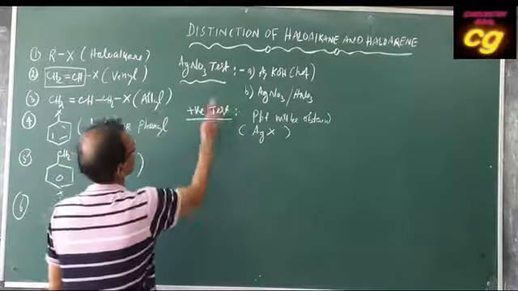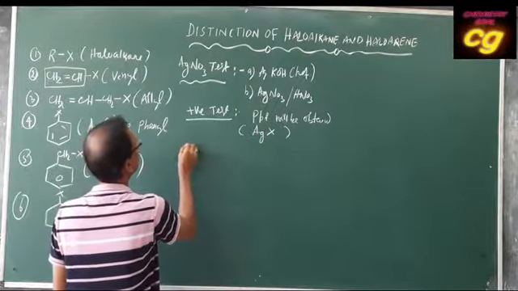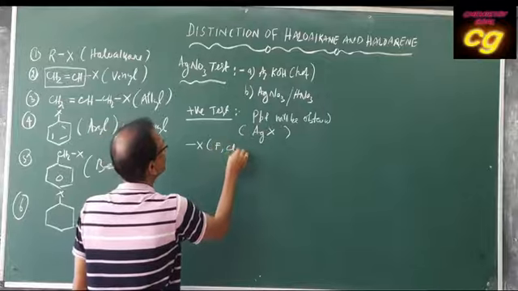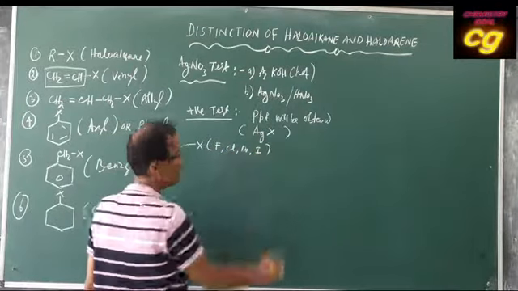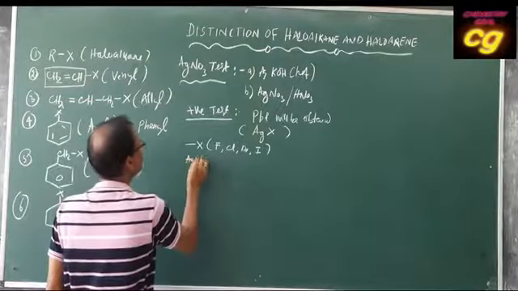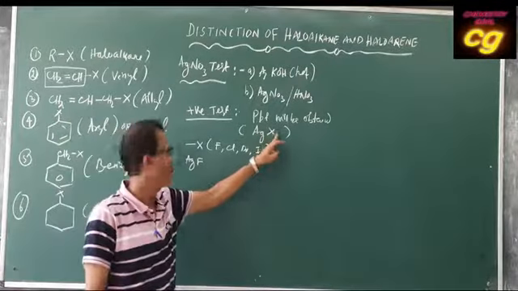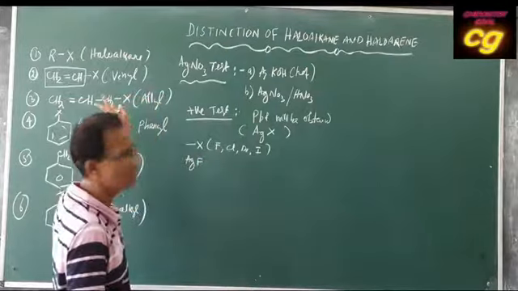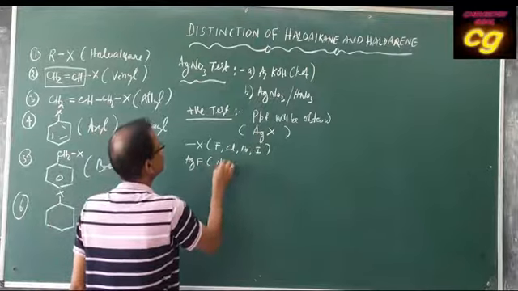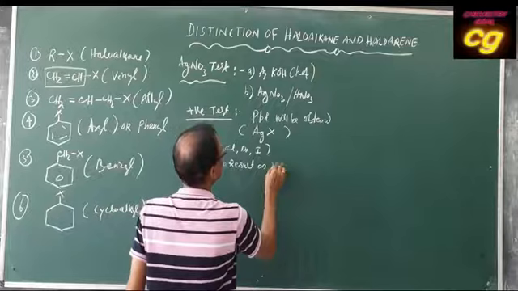If the solution contains X, meaning fluorine, chlorine, bromine or iodine. If the organic compound contains fluorine, then AgF is formed, but AgF gives no result as it is soluble in water.